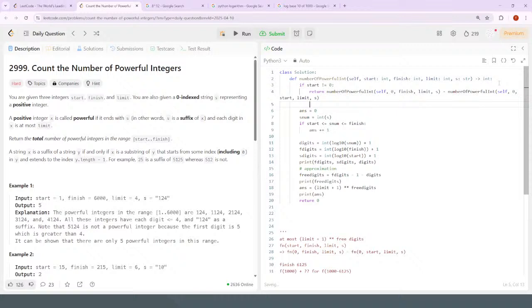Okay. That might have some issue with edges, like bounds. Like it might be start minus 1 or something, but I'll figure that out later.